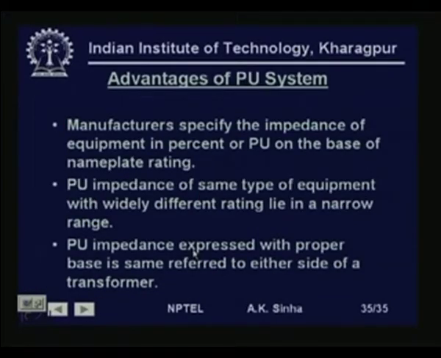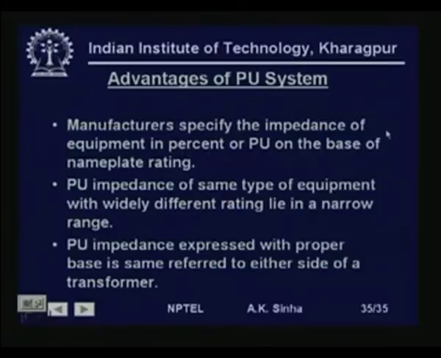Now, we will see what the advantages are after we have solved this problem. We can see the advantages of this per unit system. One is that manufacturers specify the impedance of equipment in percent or per unit on the base of the nameplate rating. That is what we were given for a generator at 100 MVA base and its rated kV, the reactance was given.